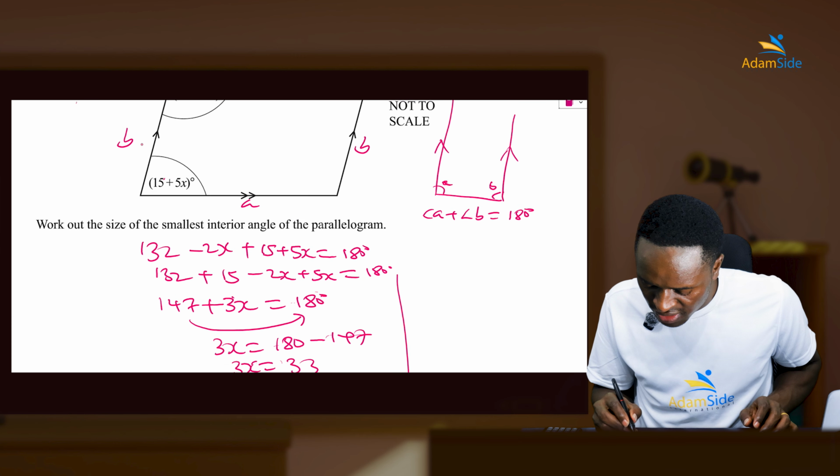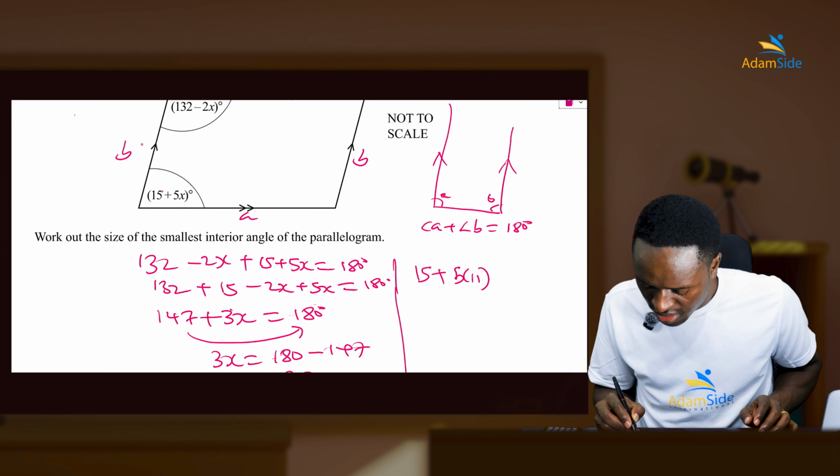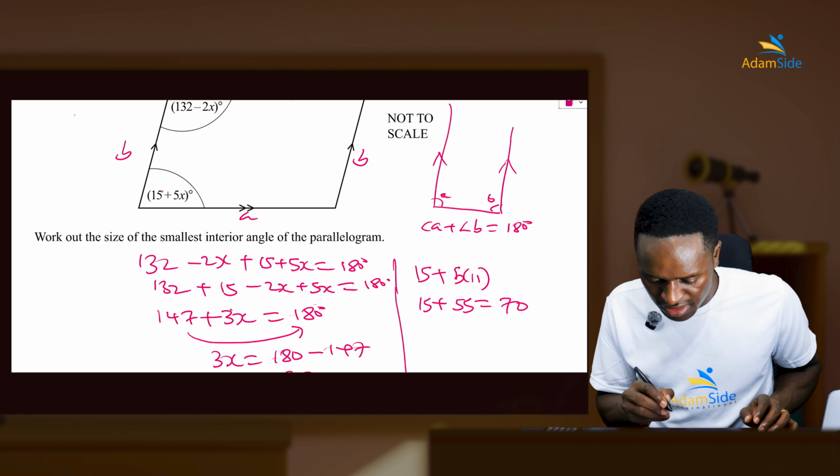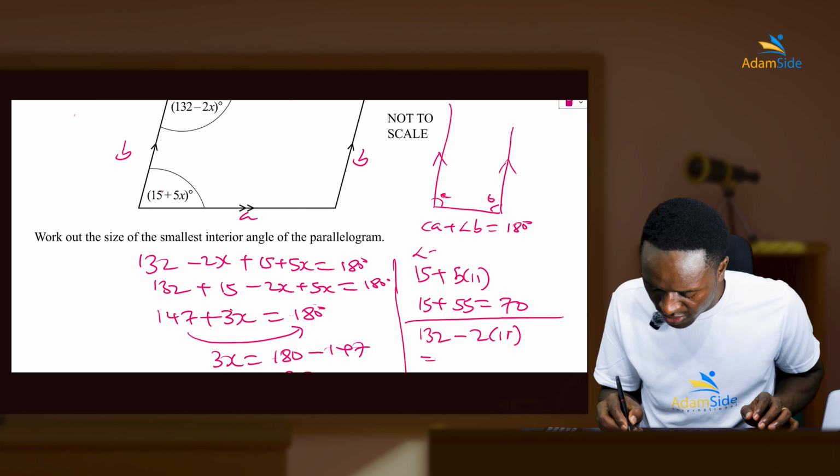It says 15 plus 5 times 11, so it's 15 plus 55. What do you get? You get 70. The other one will be 132 minus 2 times 11. So this is angle A, we say.